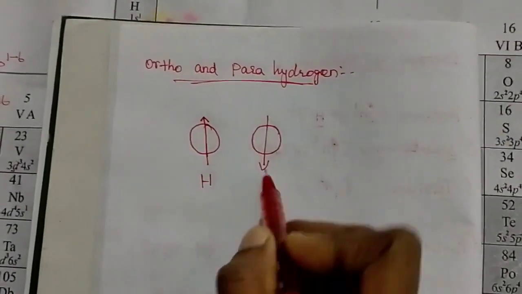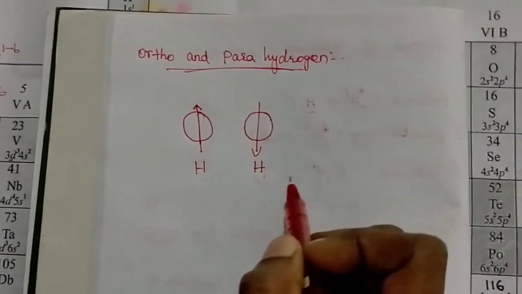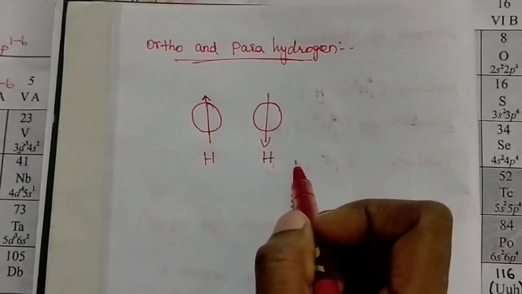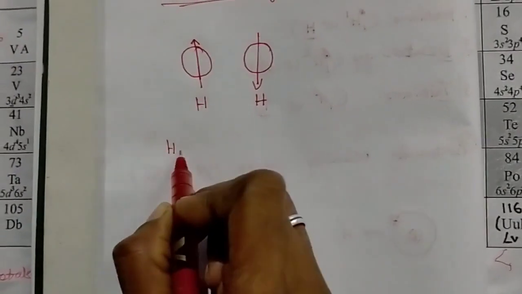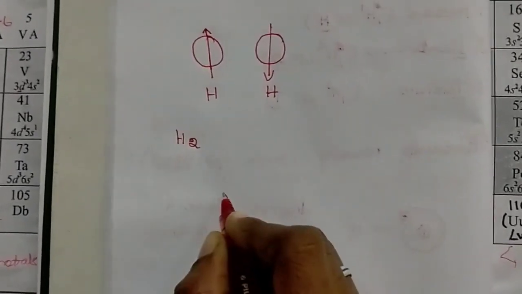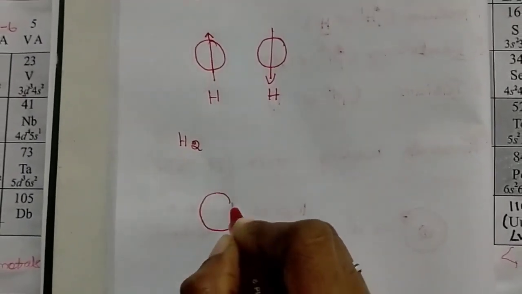This is one hydrogen and this is another hydrogen. When two hydrogens combine together they form molecular hydrogen, H2, and draw molecular hydrogen.